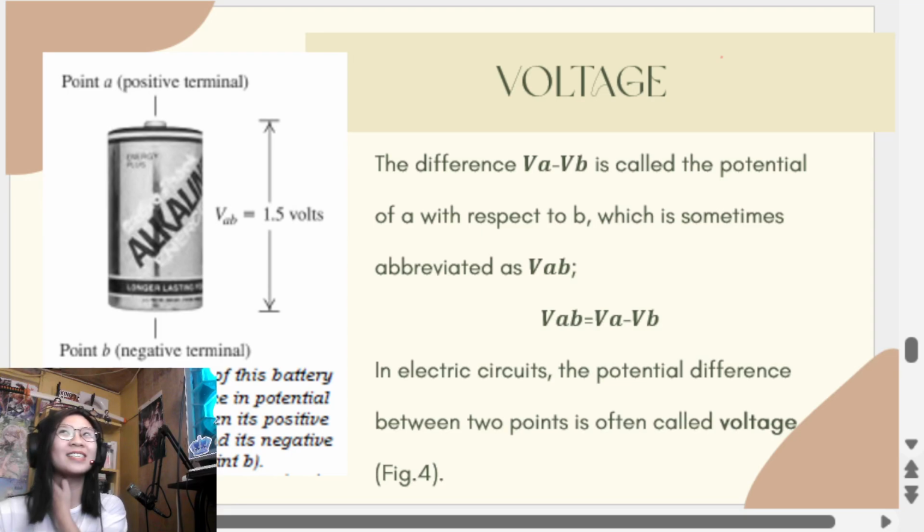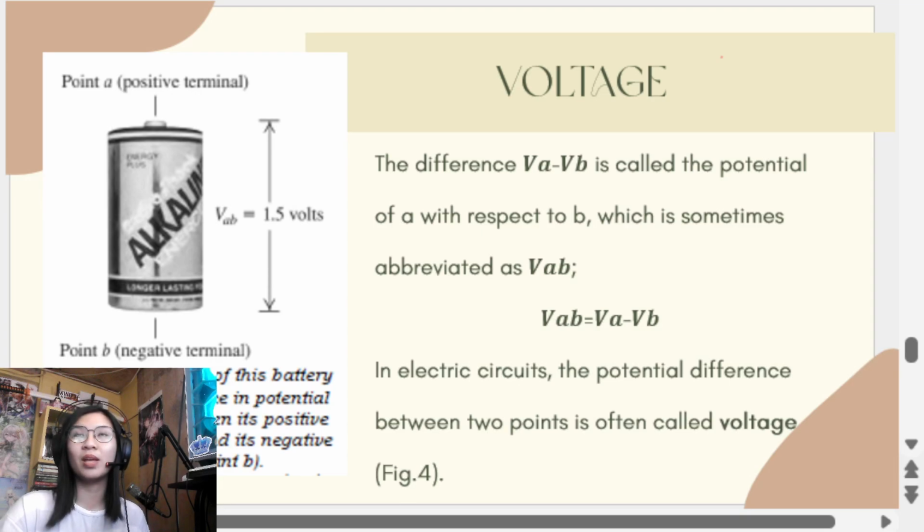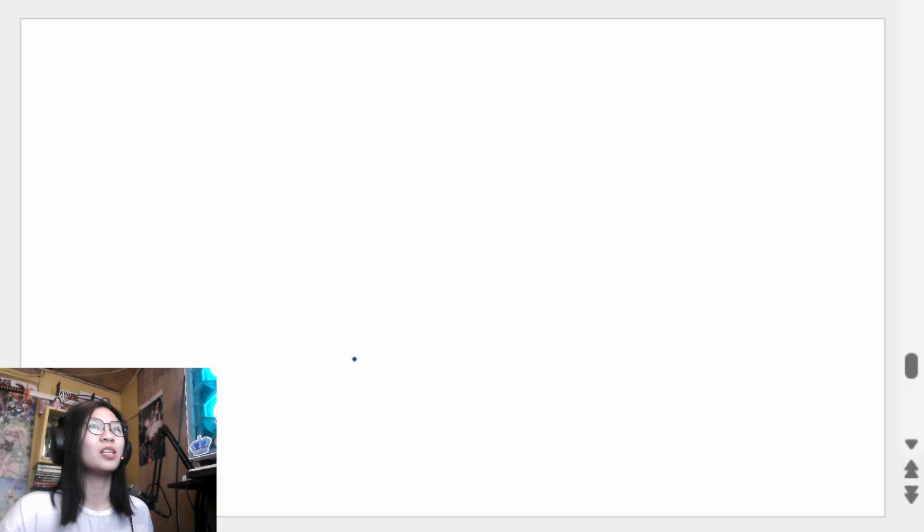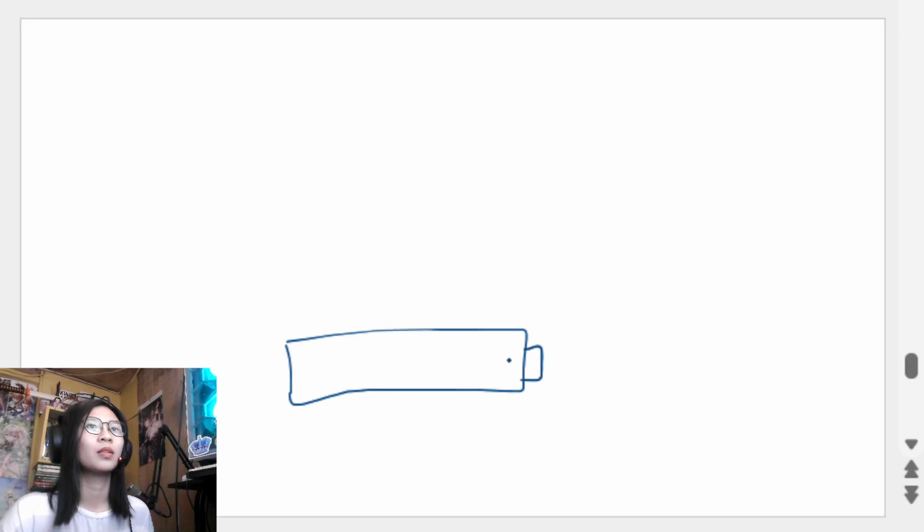Voltage is not the same as potential. So let's imagine that we have a battery. We have a positive potential, which represents the positive terminal of your battery, and the negative potential, or the negative terminal of your battery.